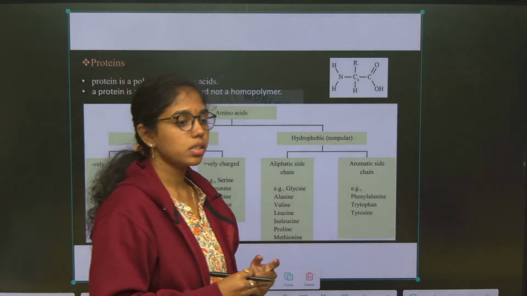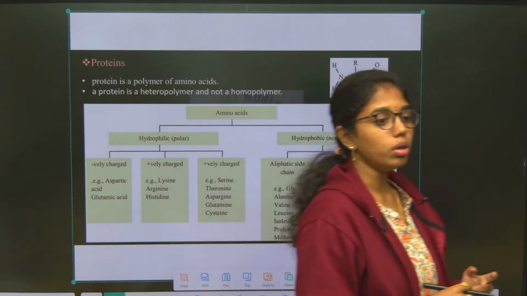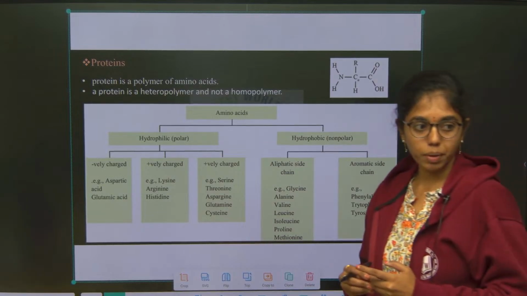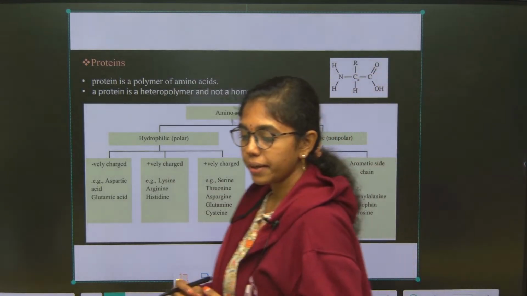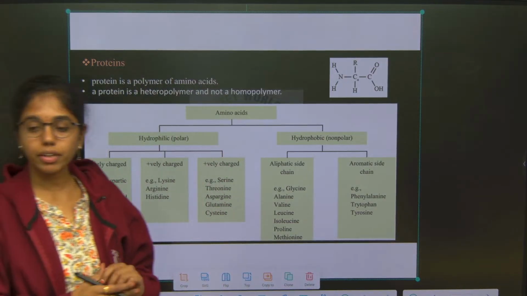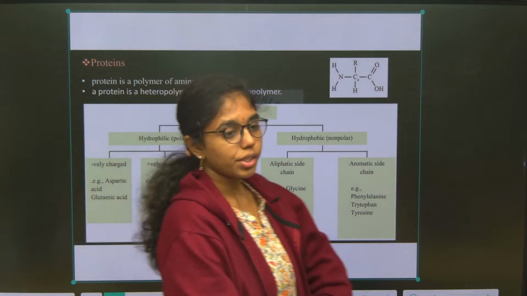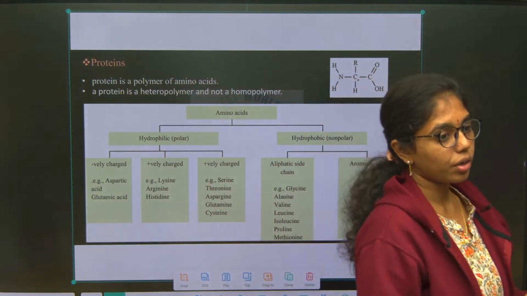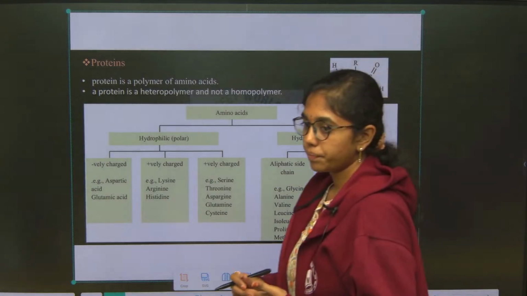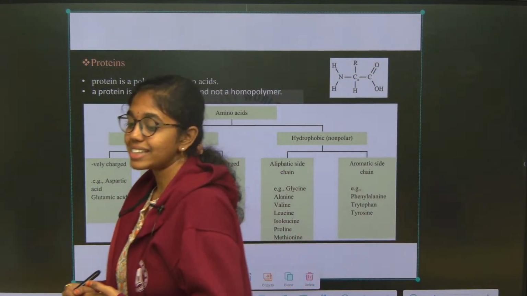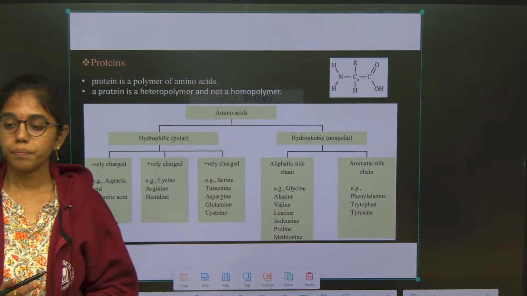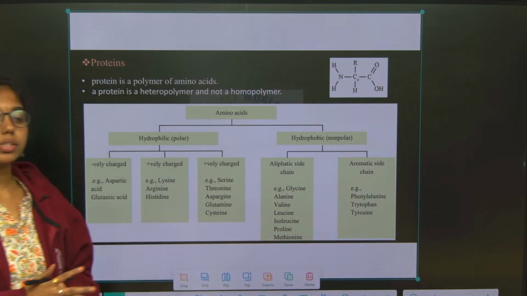After this terpenes include monoterpenes, diterpenes, sesquiterpenes, polyterpenes. After that essential oils include lemongrass oil. After that toxins include abrin and ricin. After this lectins include concanavalin A. After that drugs include vinblastine, vincristine and curcumin.